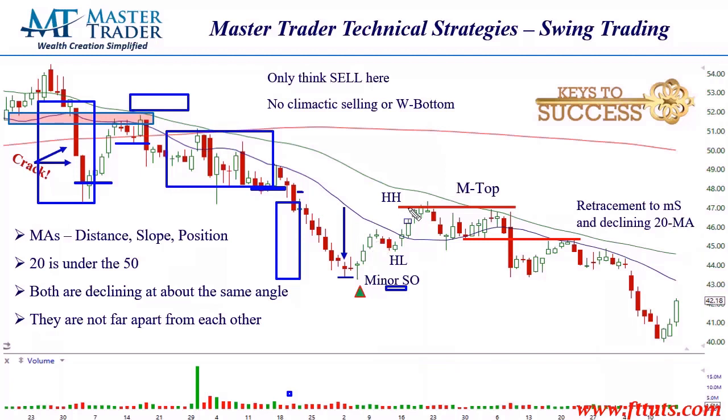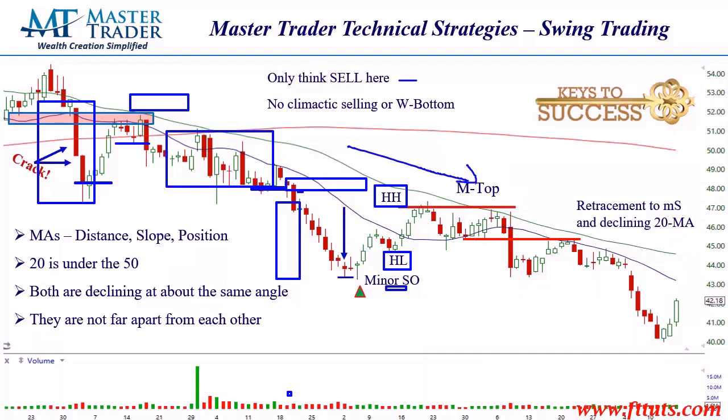So I drew out this type of setup earlier where prices get extended and then you get a higher low and a higher high moving up into a resistance area. And then this M top is just such a high probability setup for several reasons, meaning you have a downtrend, right? So the trend is down. That's in your favor, and that's why we're only thinking sell here.